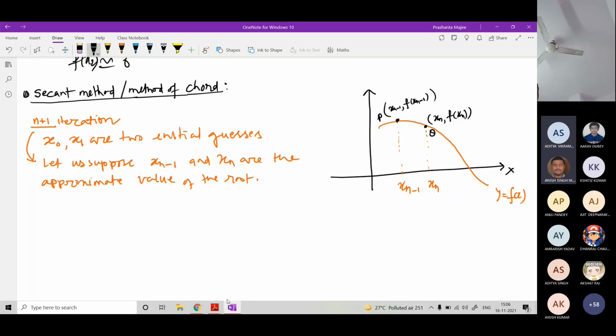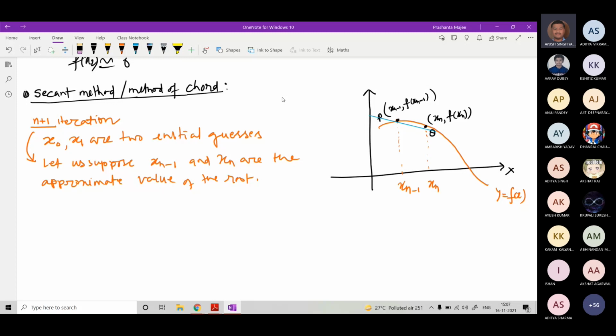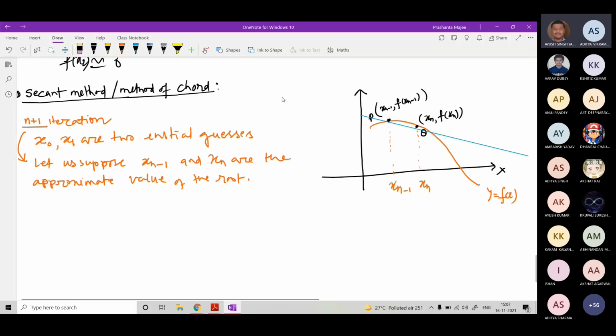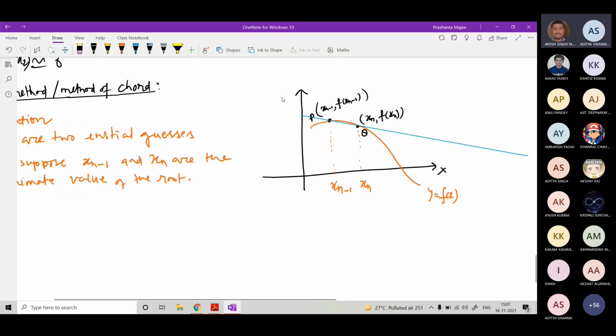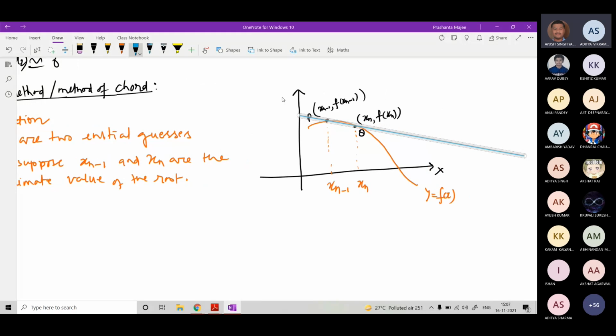Now what you do, it is already mentioned, it is a method of chord. So to find the next approximate value of the root, you will draw a chord joining these 2 points. I would rather have chosen the 2 points very near to the root, here, xn minus 1 and xn.